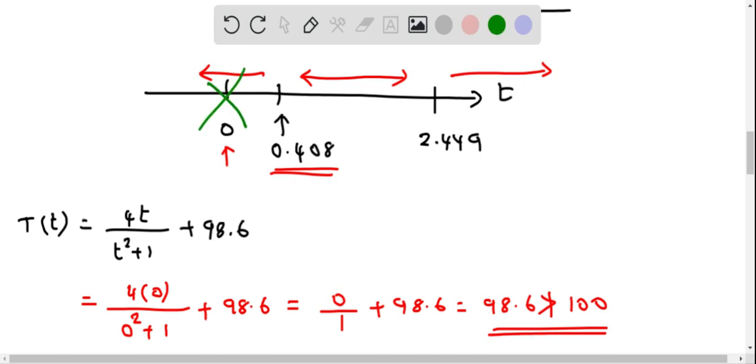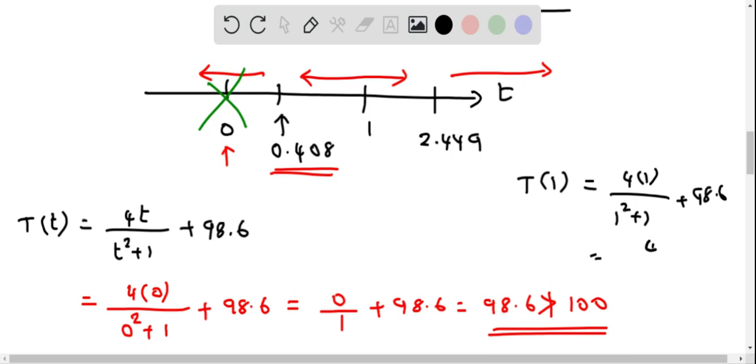Now let's look at one of the values between the t values 0.408 and 2.449. Maybe we can consider the value 1, which lies between these two t values. So I'm going to plug in t equal to 1 into this equation. So we get T of 1 equals 4 times 1 divided by 1 squared plus 1 plus 98.6.